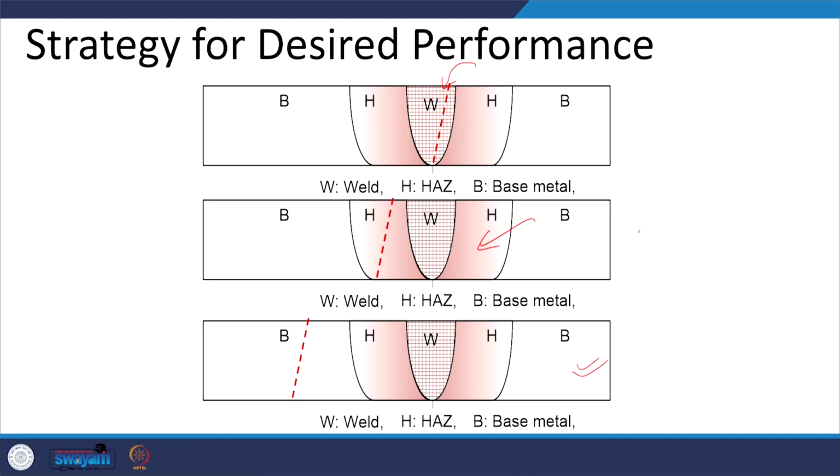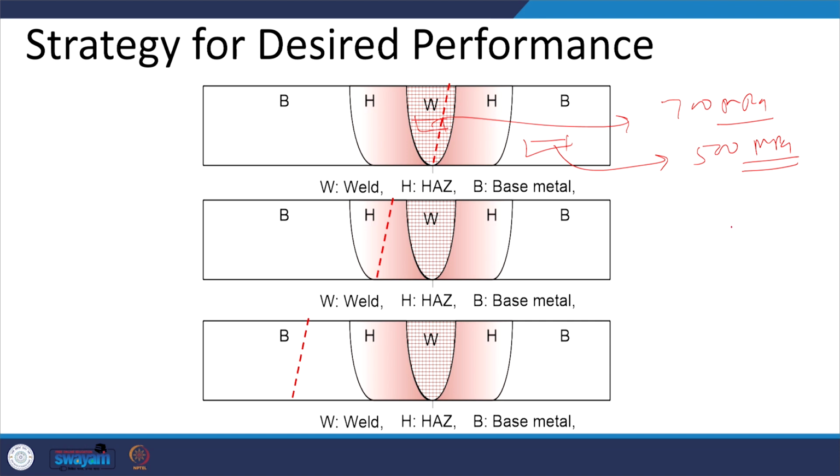So, we say that our joint efficiency in that case is greater than 100%. Why? Because in that case the entire heat affected or weld zone will not fail, but the failure will occur in the base metal. Alternatively, we can select a suitable small sample from the weld zone and test its properties, say they are 700 MPa, and take a sample from the base metal and test its properties, say the ultimate strength of the base metal is 500.